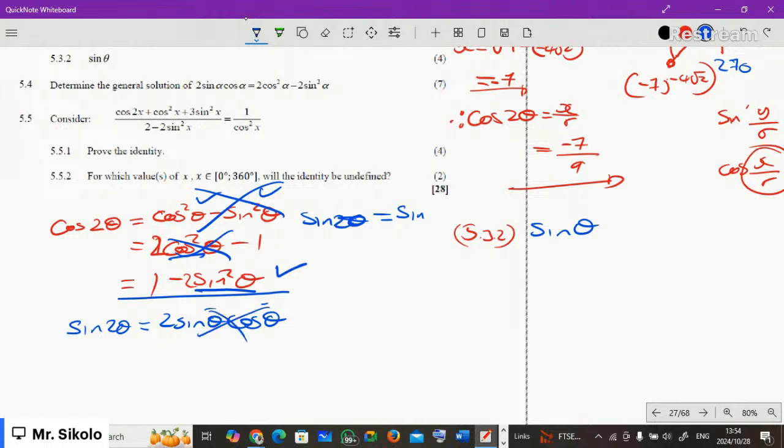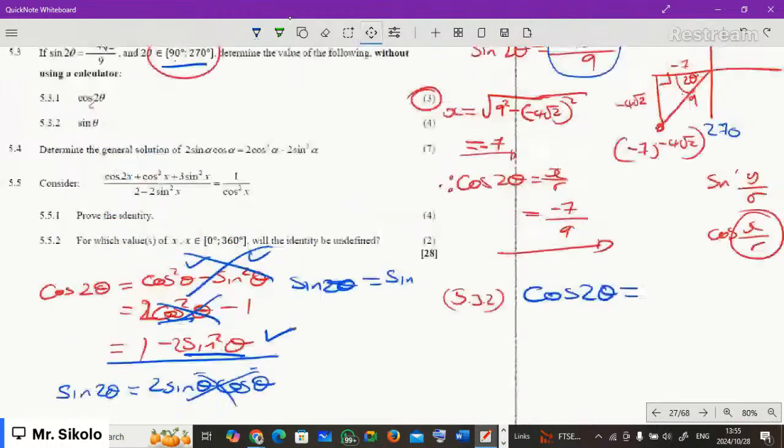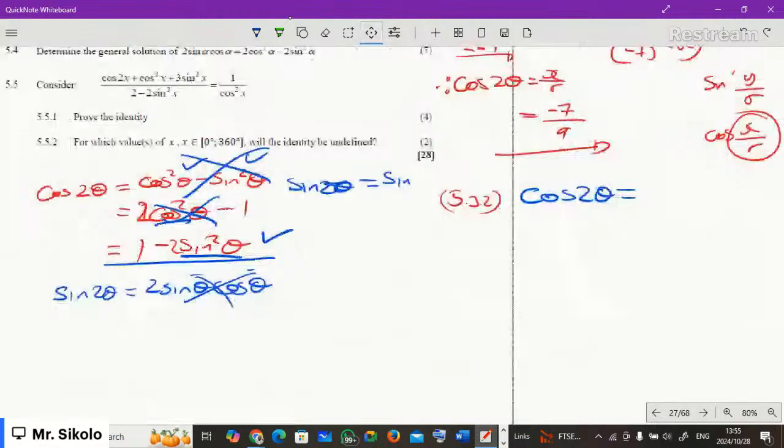So now what we will use here, we will say okay, we know that cos 2 theta, remember we were told that cos 2 theta is equal to the answer, here we said it is negative 7/9. Then we take cos 2 theta away from the left hand side, from the double angle to the identity.